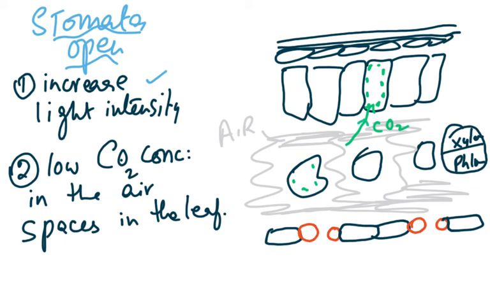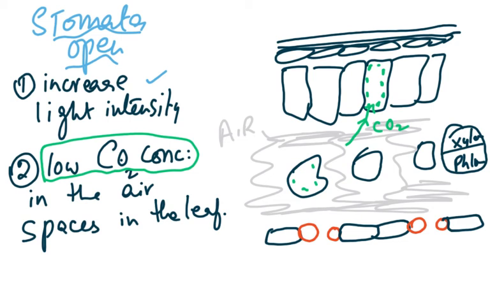So we get a low CO2 concentration. By morning time, at dawn, the sun comes out and there's a little bit of light, and a little photosynthesis means the carbon dioxide is going to be used up by the chloroplasts, and photosynthesis is going to start.